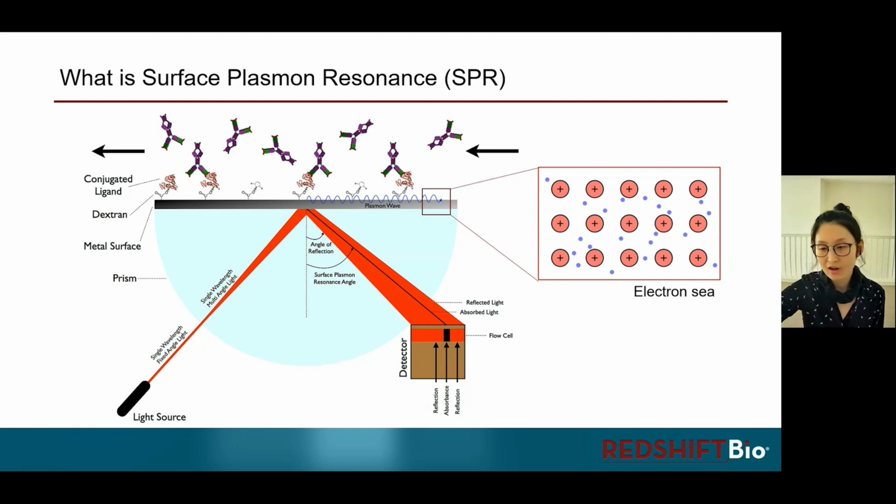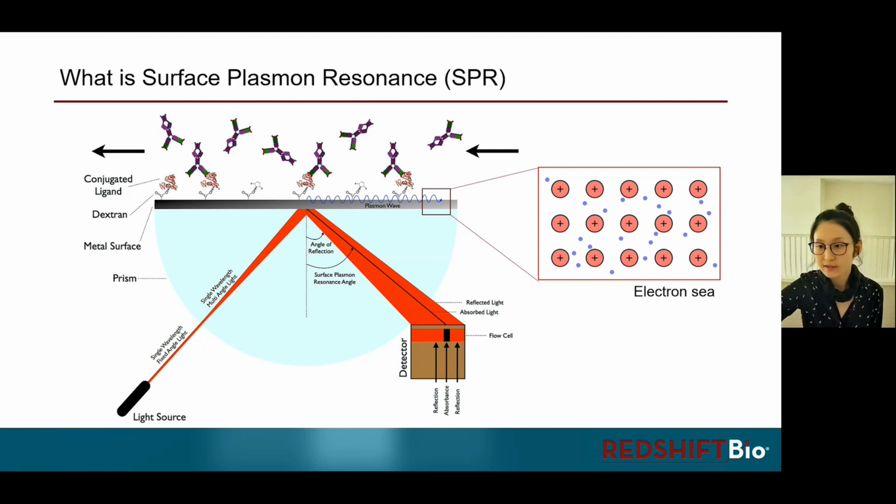In the case of SPR, the incident light has a single wavelength with a fixed angle. Then a prism is used to broaden its incident angle. Among the reflected light, there is a blacked out angle, which is due to the absorption.